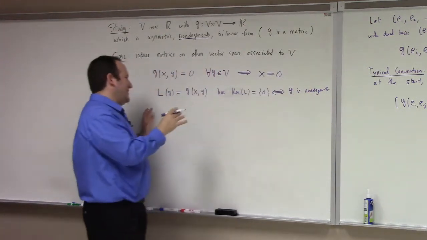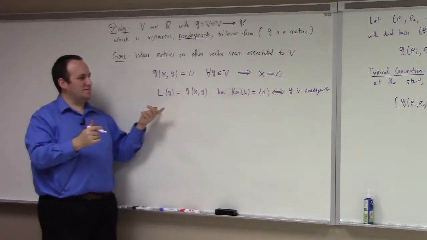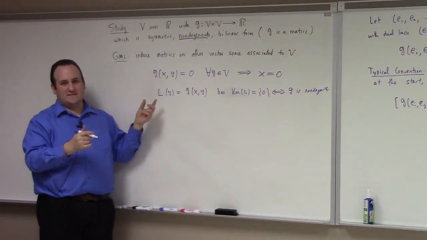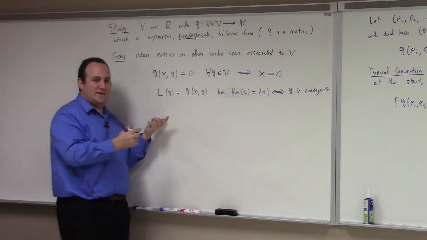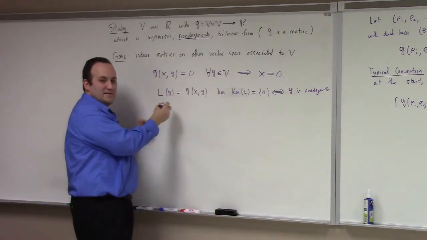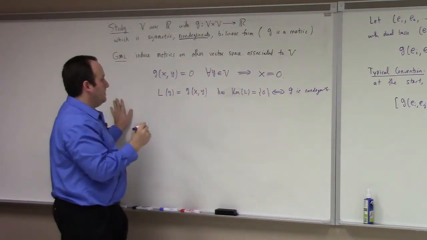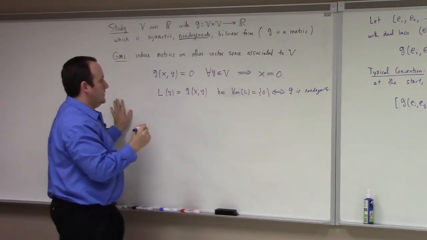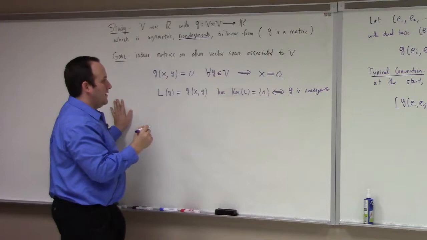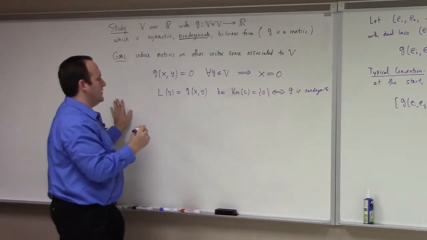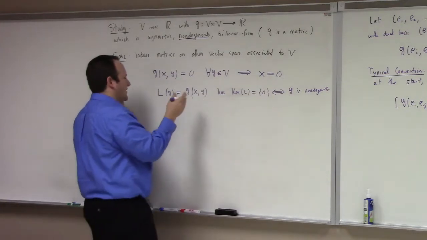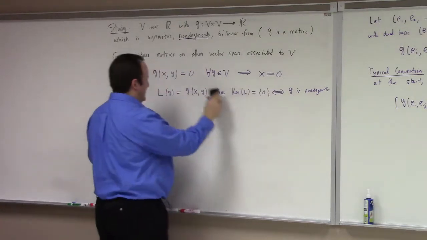But it's not quite that, because x is arbitrary too, right? So maybe I should put L sub x or something. Is that what you're saying? Wouldn't it be L of x? Oh, I'm sorry. Oh, yeah, you're right. I just got turned around.